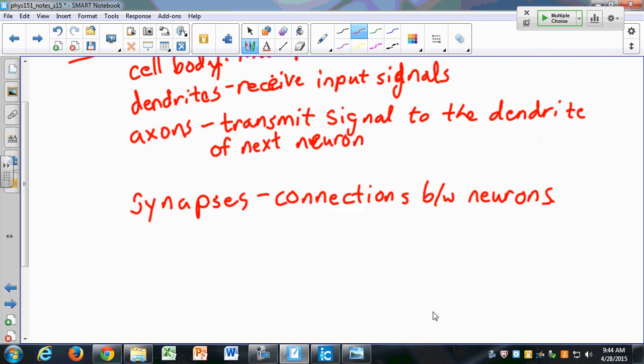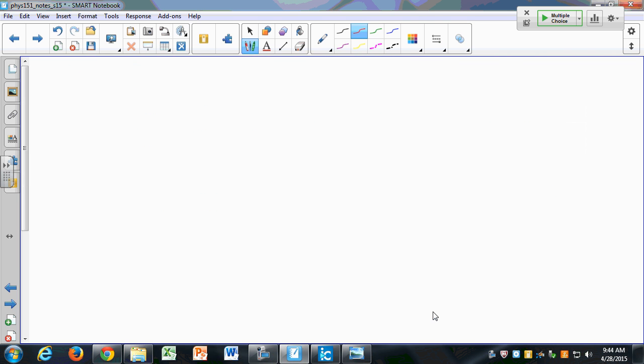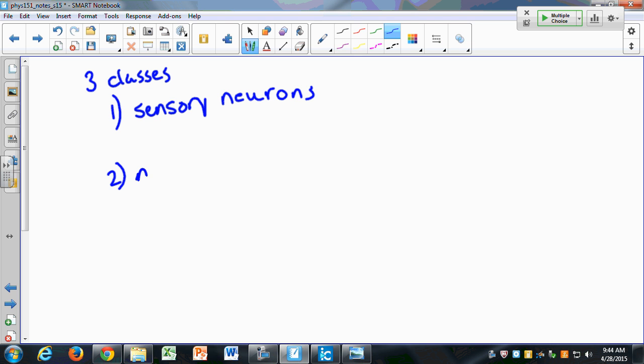Okay, so the neuron has three different classes of neurons. You have sensory neurons, motor neurons, and interneurons. We dealt with these before when we were talking about the different parts of the nervous system.